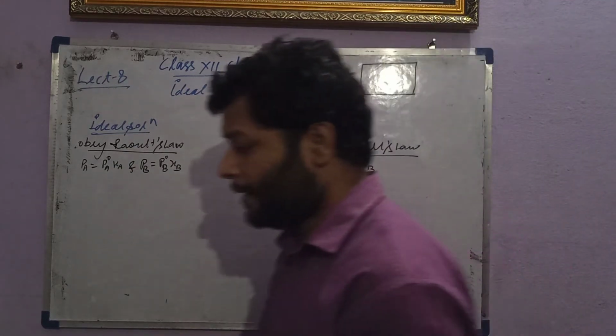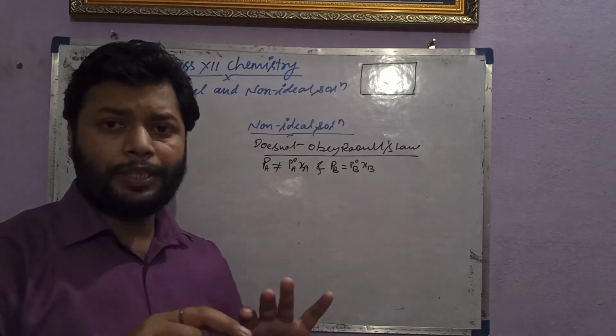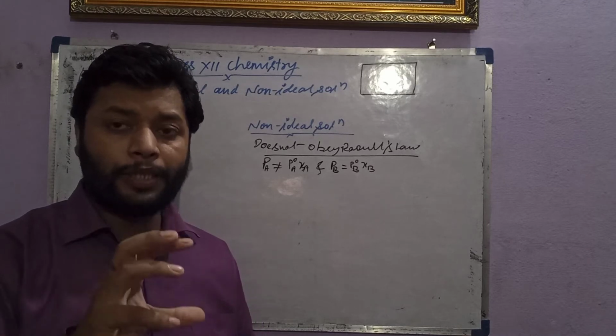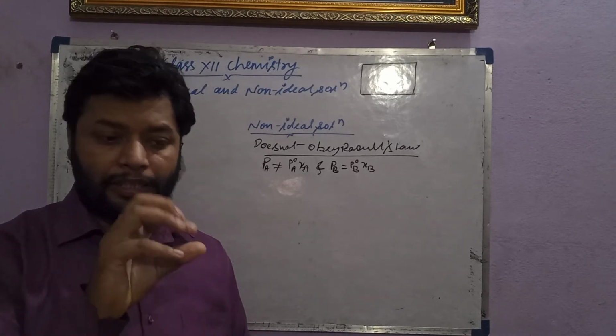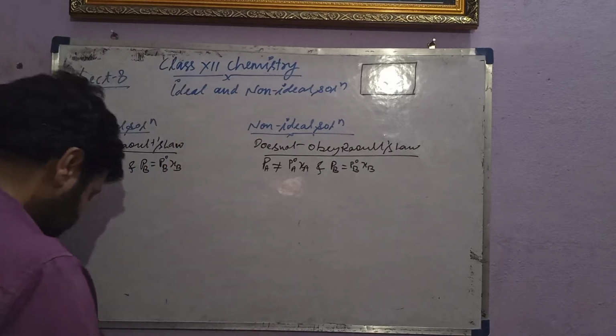Okay, fine. But what is the actual basic nature of the ideal solution? If we mix two different liquids and they form an ideal solution, what should be the basic property carried by the solution?